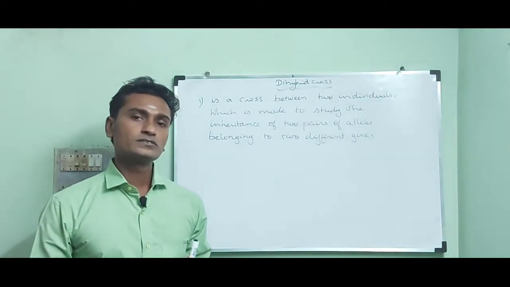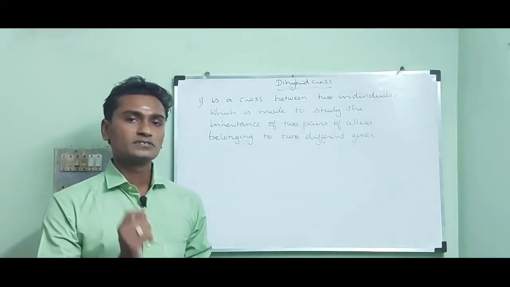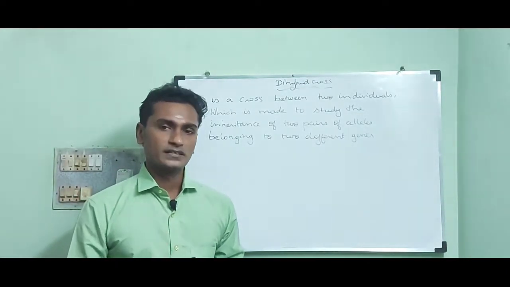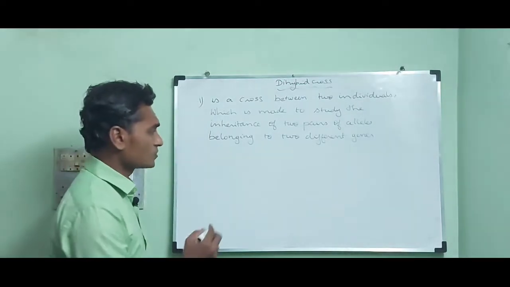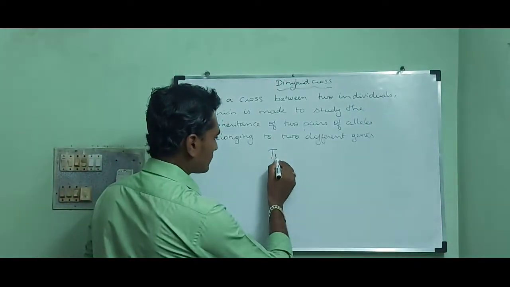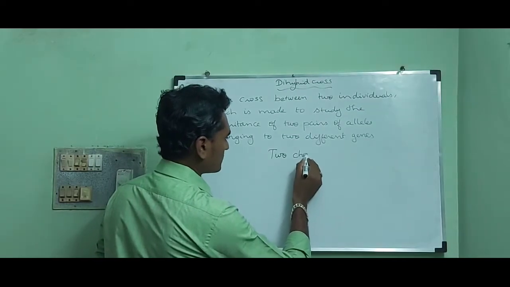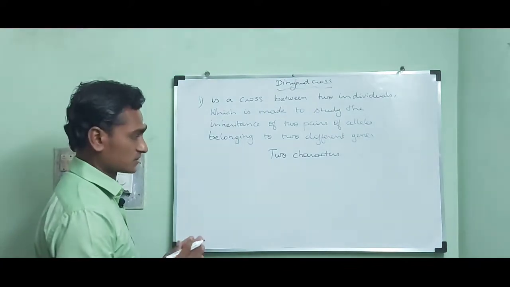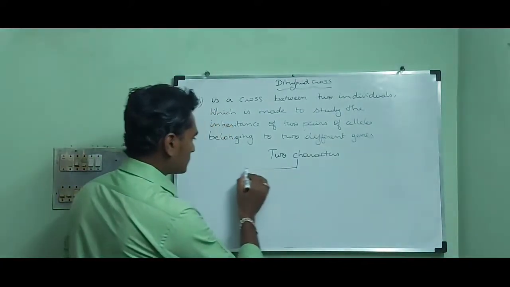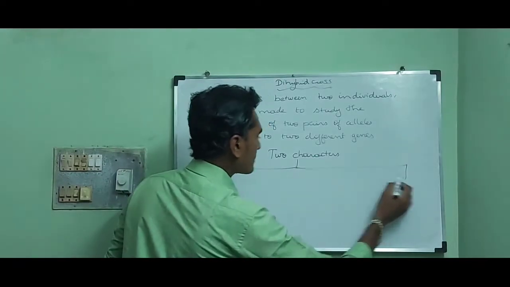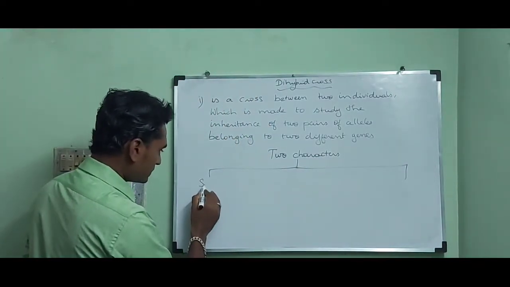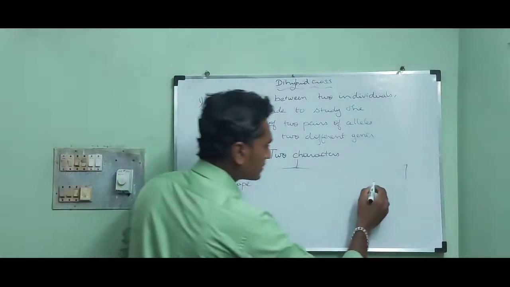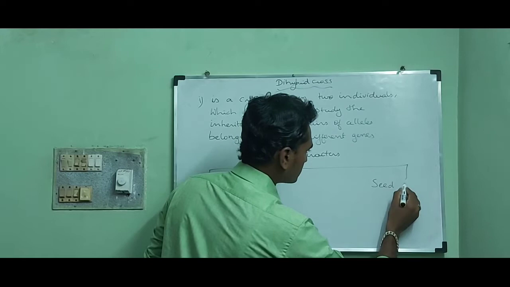Before we get into my explanation, I would like to tell the selected traits for dihybrid cross by Mendel. Mendel chose two characters for dihybrid cross. The first one is seed shape and the second one is seed color.